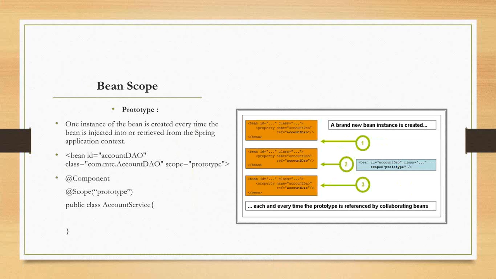So whenever we ask the container or application context to provide a particular bean reference, it creates an instance of that. That is how it works. So this is prototype.